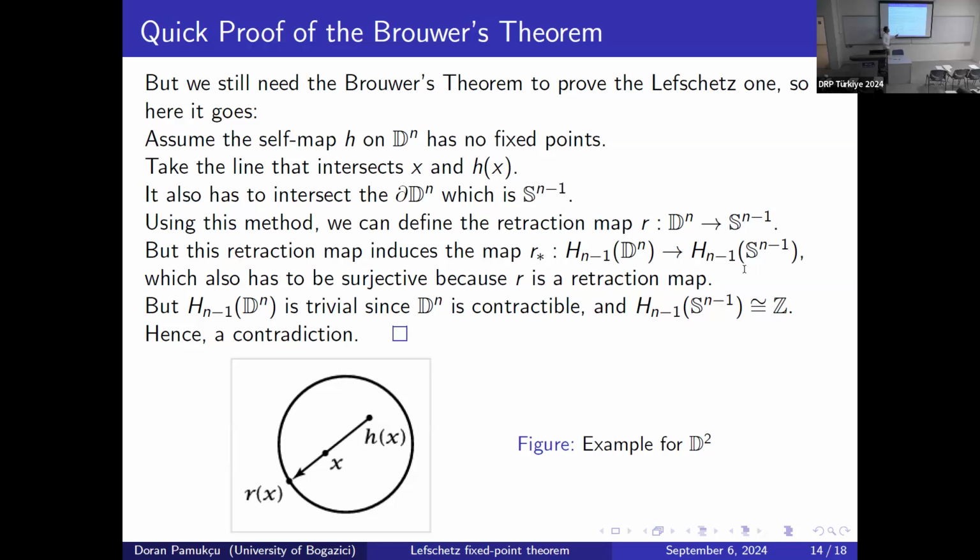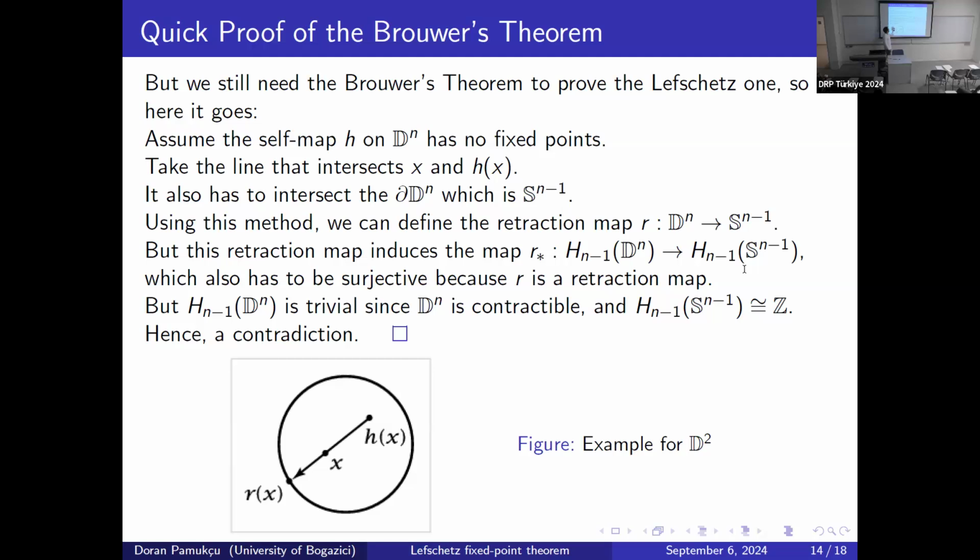The retraction map induces maps on homology groups. It induces a map from H_(n-1)(D^n) to H_(n-1)(S^(n-1)), and it's a surjective map because it's a retraction map. But this being a surjective map is a contradiction, because H_(n-1)(D^n) is trivial. It's a trivial group because D^n is contractible, and H_(n-1)(S^(n-1)) is Z because S^(n-1) has an (n-1)-dimensional hole in it and nothing else.